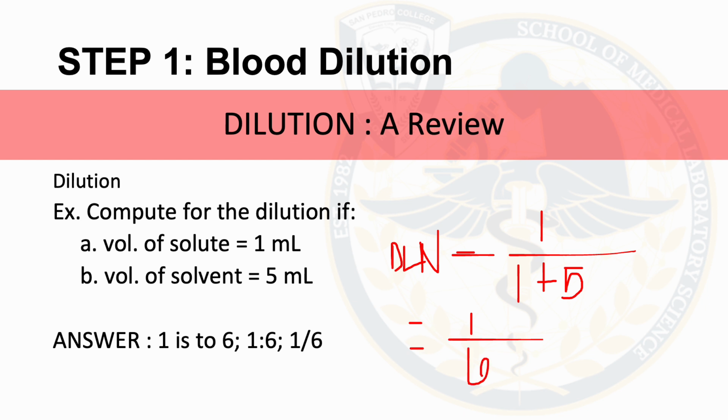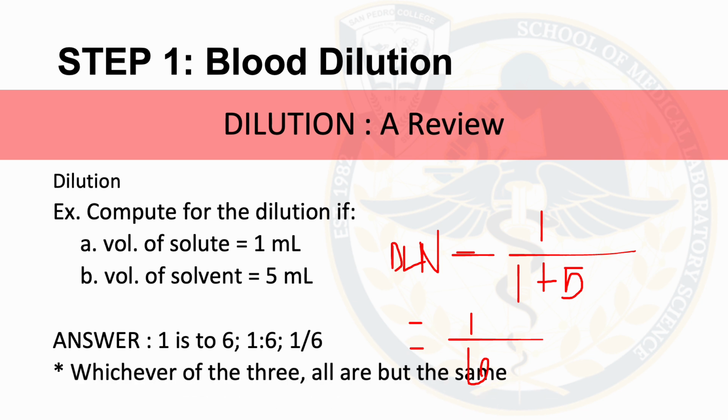You can no longer simplify this one as this is the simplest form already. Most of the time, if 1 is already the numerator, you no longer need to simplify because that's the simplest form. So again, do not get intimidated with dilution. Whichever of the three are all the same. In short, whatever manner you write it, as long as you got the right answer, there's no problem.